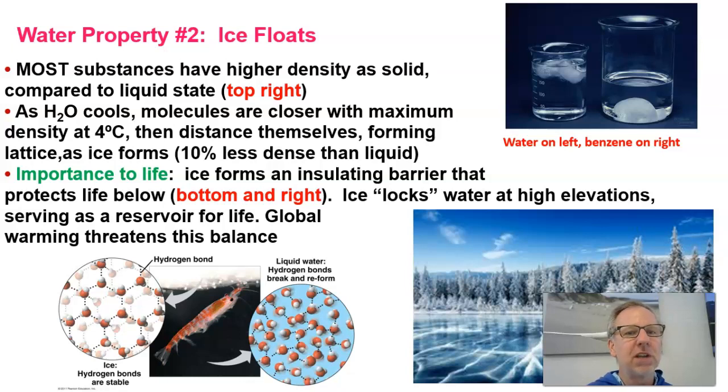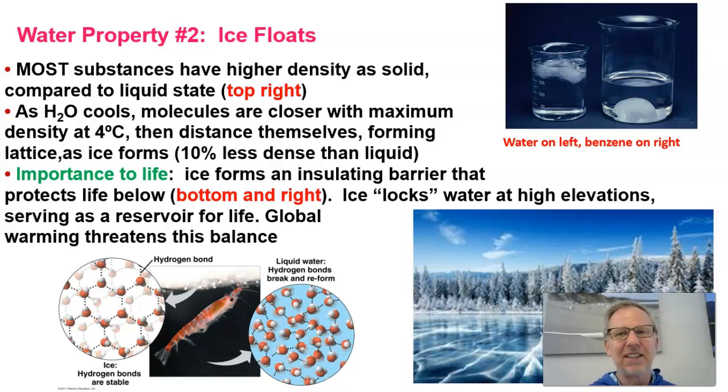So most substances have a higher density as a solid compared to a liquid. That is, with most chemical substances, when they go from a liquid to a solid, the molecules are packed closer together. That's what makes them more dense.